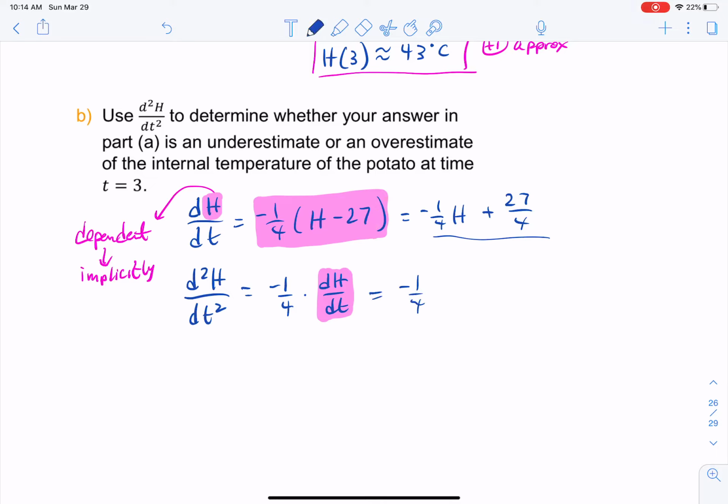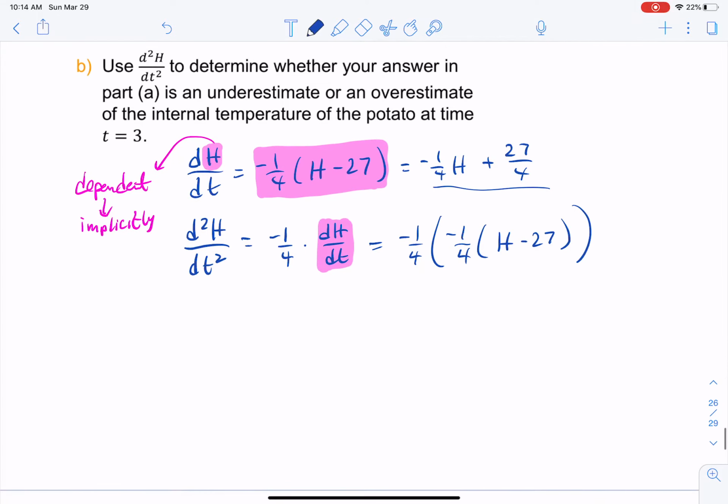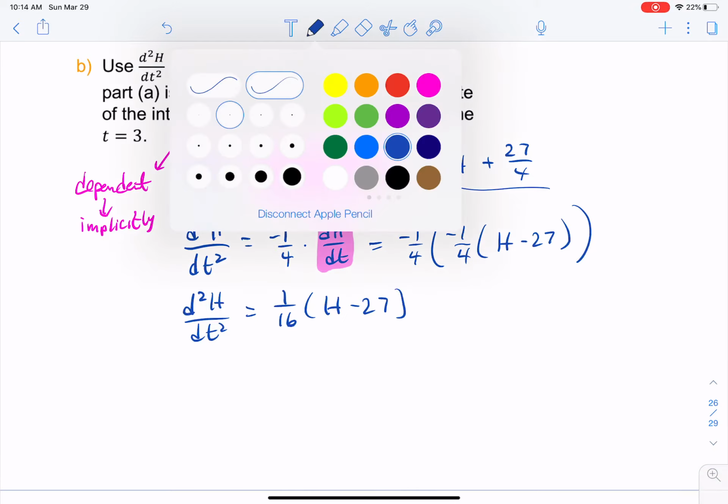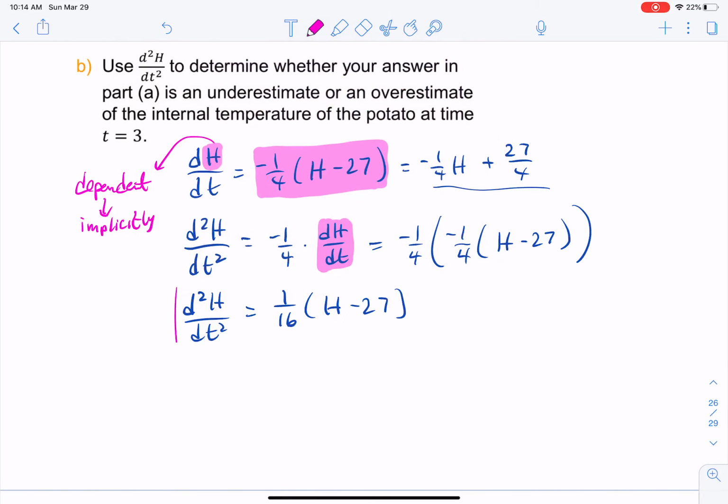Negative 1/4 times negative 1/4 h minus 27. Close those parentheses. And then giving our final handsome answer, d²h/dt² is equal to a positive 1/16 times h minus 27. Okay, so there is our second derivative looking real nice.